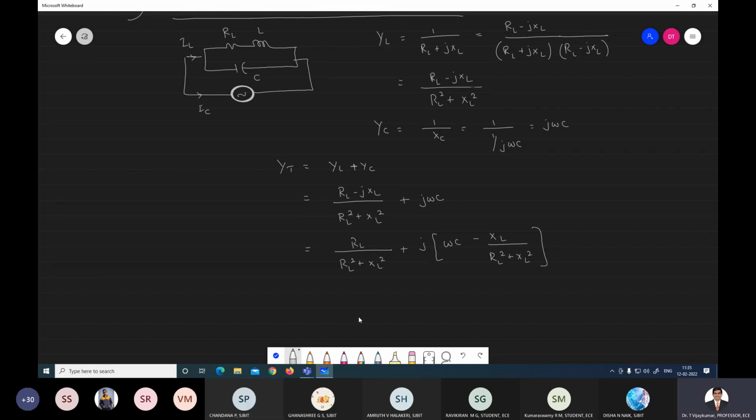We have separated, and for parallel resonance the susceptance is 0. That is omega C minus XL divided by RL square plus XL square is equal to 0.